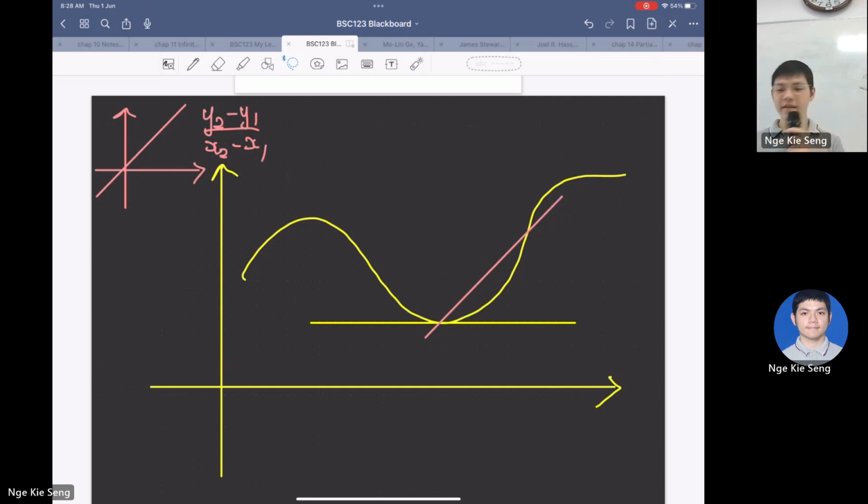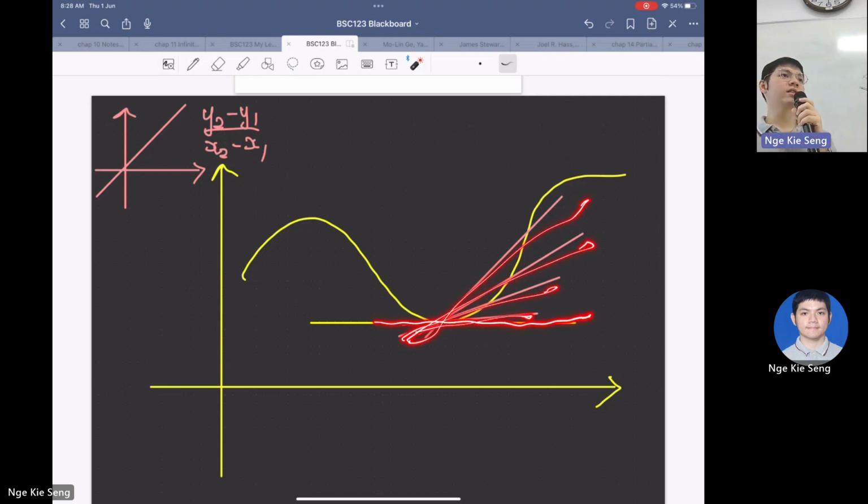And then we can see that when we choose closer and closer points to the tangent point we want to find, this straight line actually approaches the tangent line. So we are really taking the limit of this straight line. So derivative is taking the limit of this line until we reach the single point.